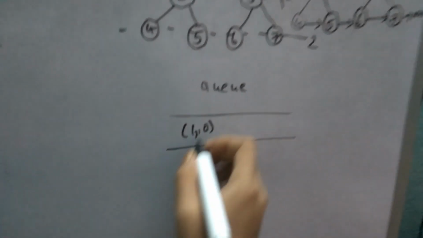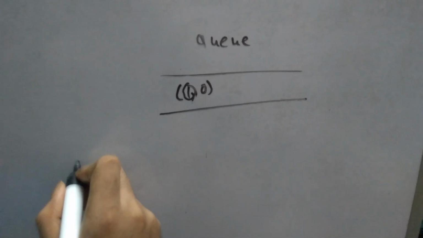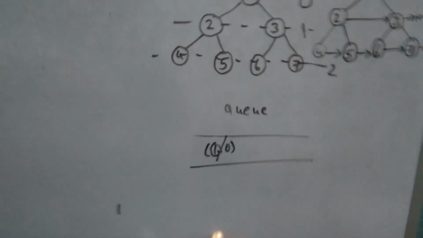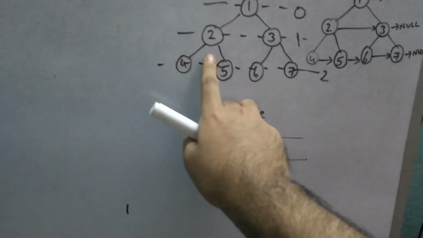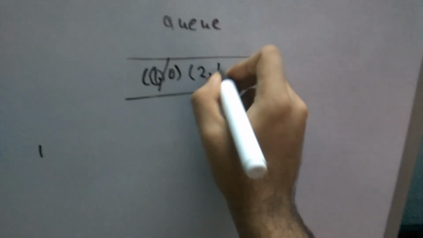After that we pop this and we print the value part of this tuple. So we print 1. After that this tuple is popped from the queue. Now we come to its left, we have 2. This 2 will not only be inserted, it will be inserted with its level. So its level will now be 1. So 2 comma 1.